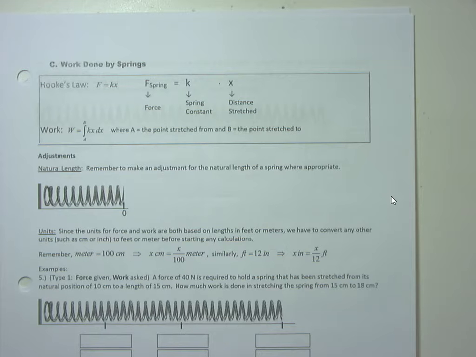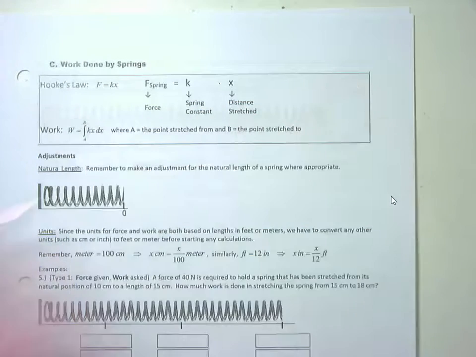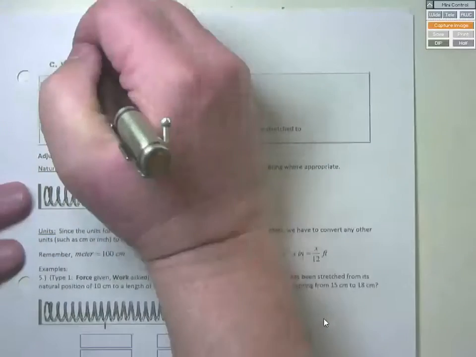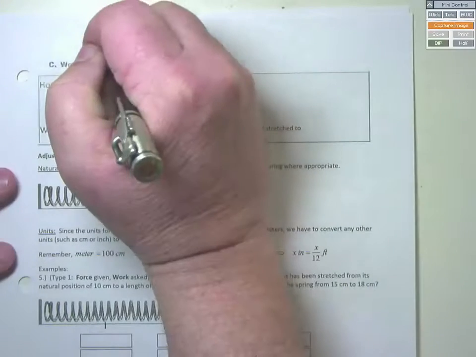So, when it comes to springs, what do you guys know about springs? Well, there are different kinds of springs out there. They compress and expand and stuff like that. What you should really know is something called Hooke's law.